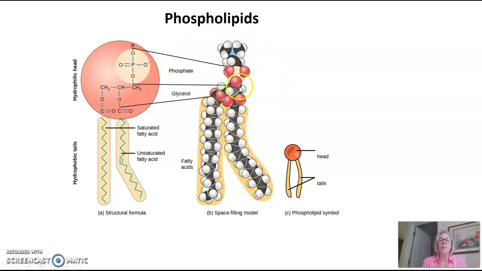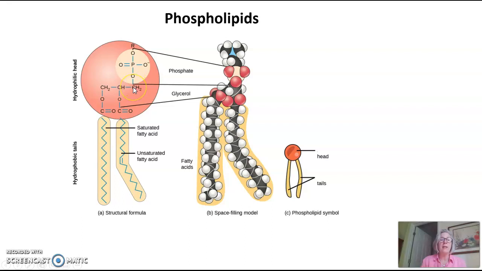This is the head group. It's the glycerol and the phosphate. Instead of having 3 fatty acid tails like the triglyceride, the phospholipid has 2 fatty acid tails. Each is formed by a dehydration synthesis reaction connecting to this glycerol.